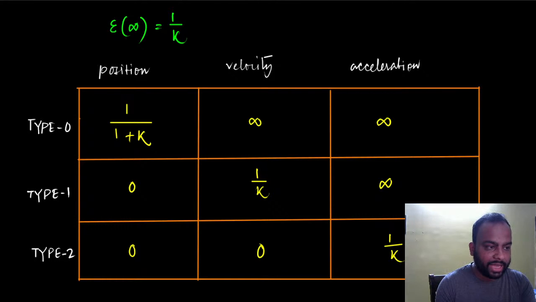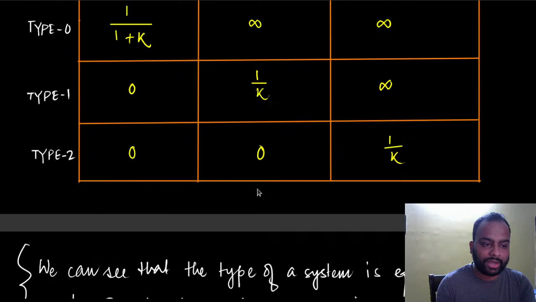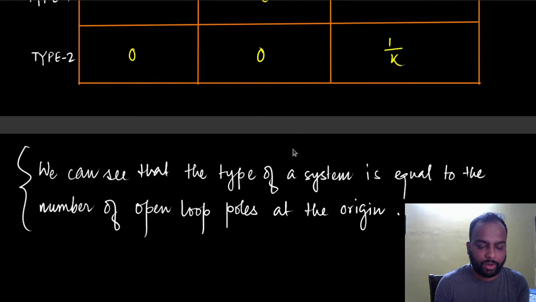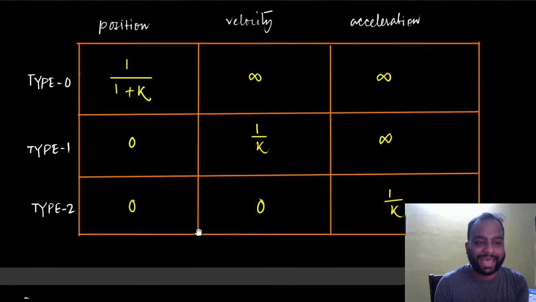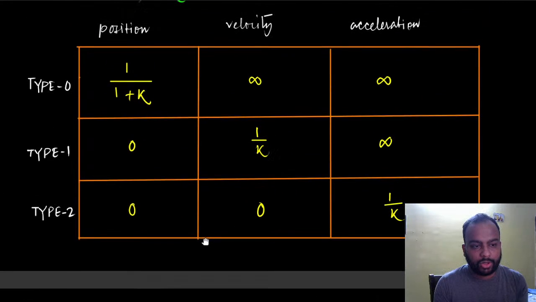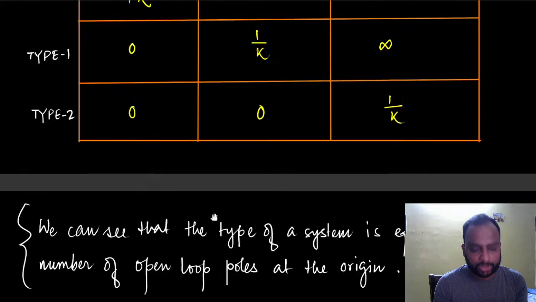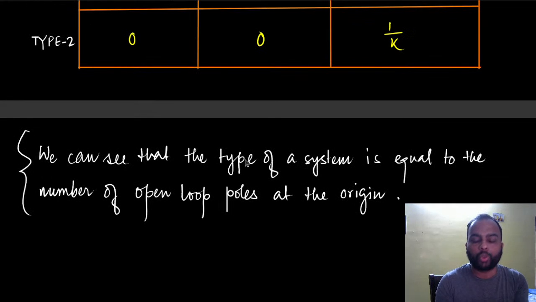Type of a system is not defined through the number of poles in the origin, but through these errors. And it just coincidentally is equal to the number of open loop poles in the origin. It is just like that.